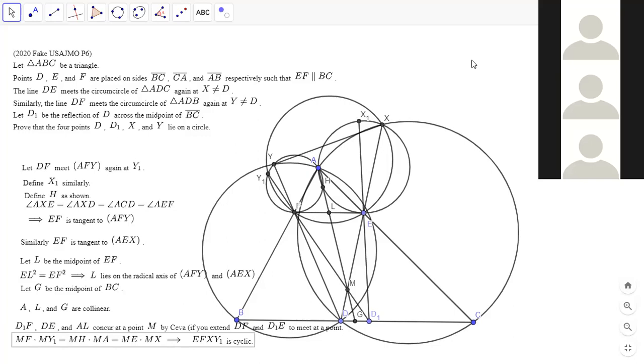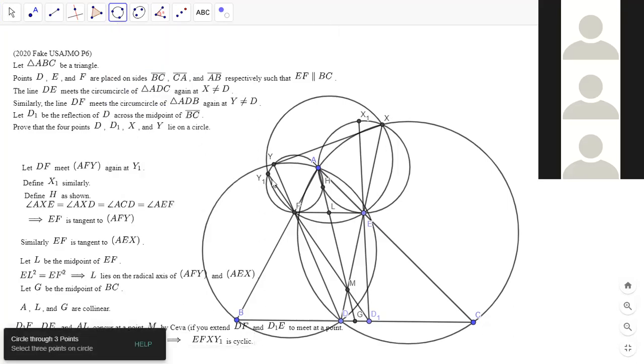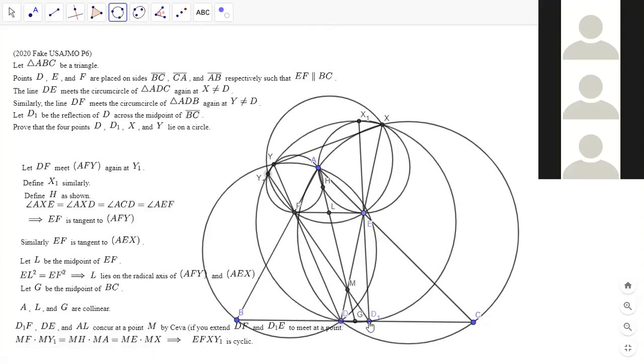Maybe you could just finish it with an angle chase. I'm not sure actually. We want to show Y1, X1, D1, D is cyclic.